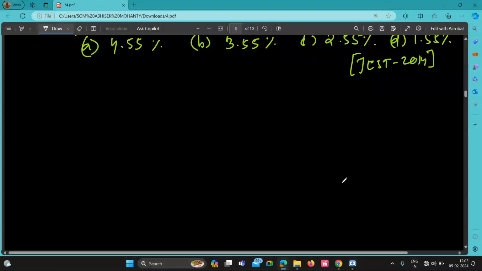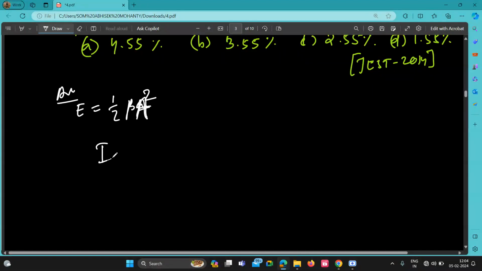So we know energy is half beta A square, half kx square. We can also write it as beta A square, sorry, amplitude square. Here your A is given.